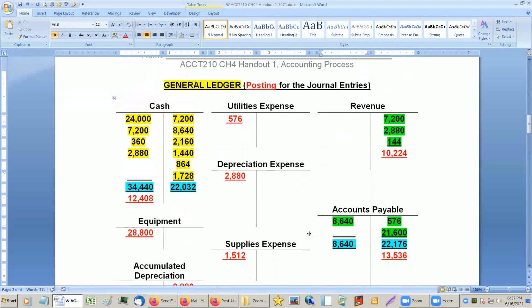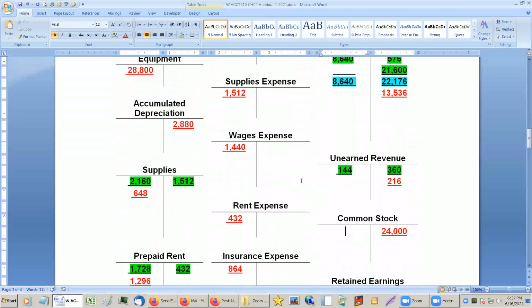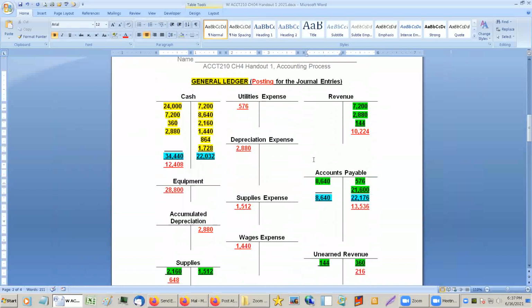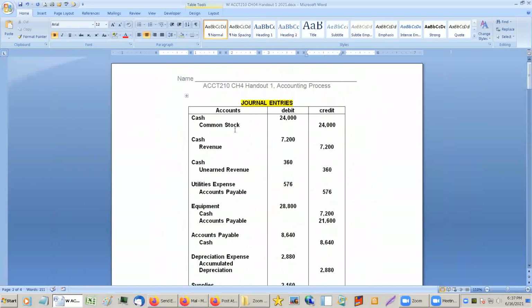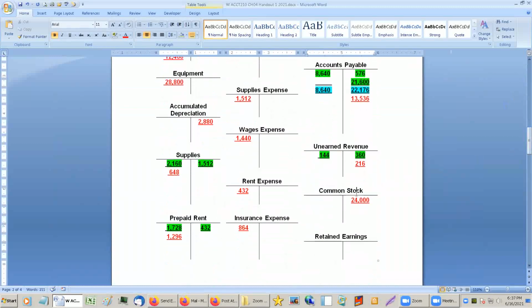Okay, so what we've done is taken each account and gotten it down to one number. And just so you know, this is a company that just started out. So the common stock, 21,000, that's the only common stock they have.